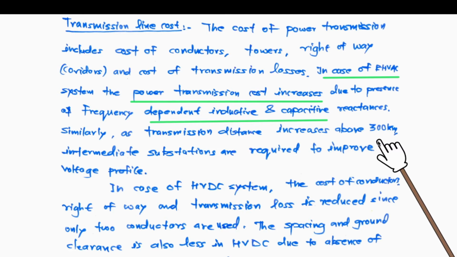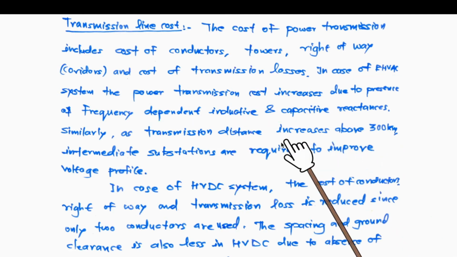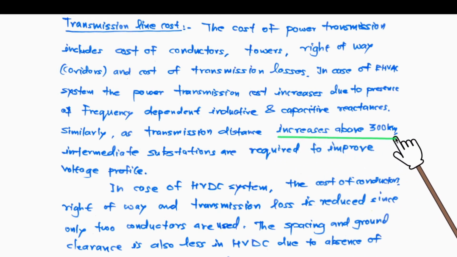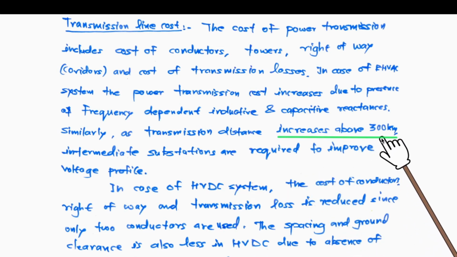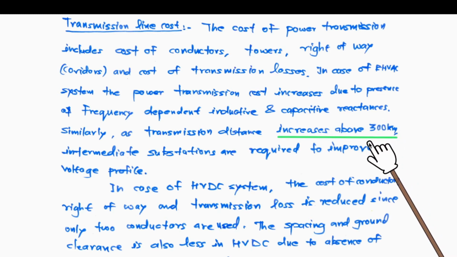As the transmission distance increases above 300 kilometers, intermediate substations are required in order to improve the voltage profile. So intermediate substations will be required at regular intervals of 300 km for EHV AC transmission.